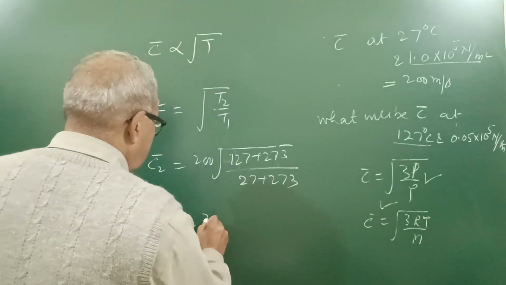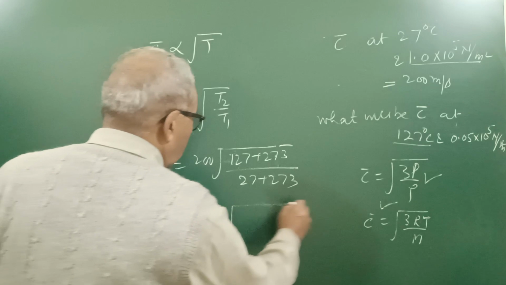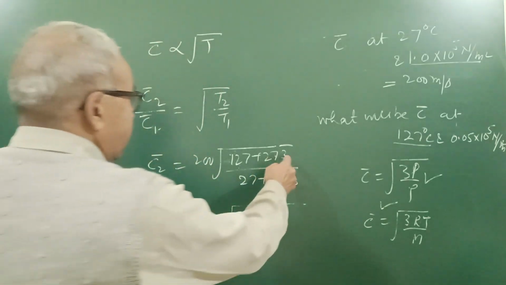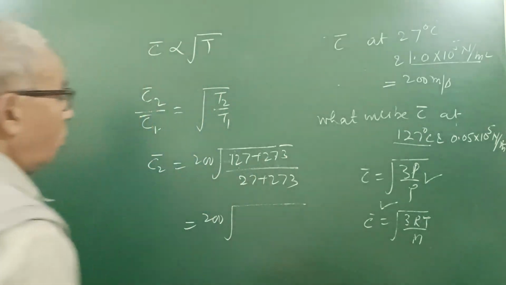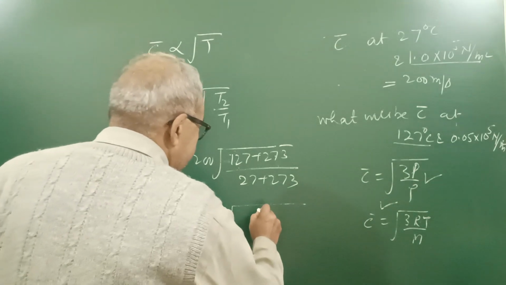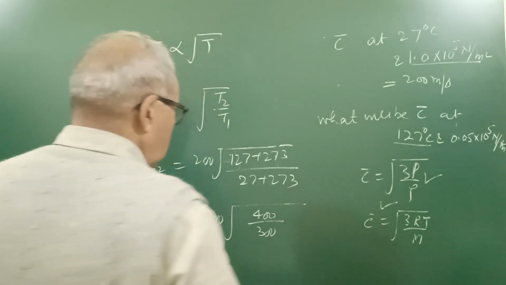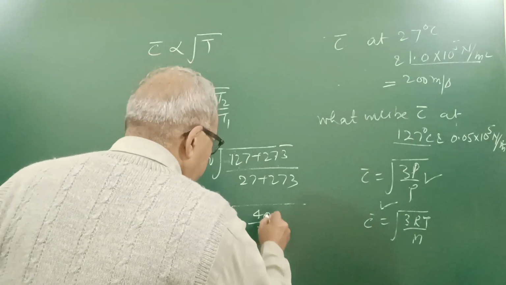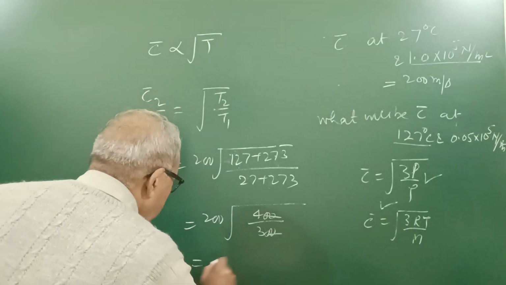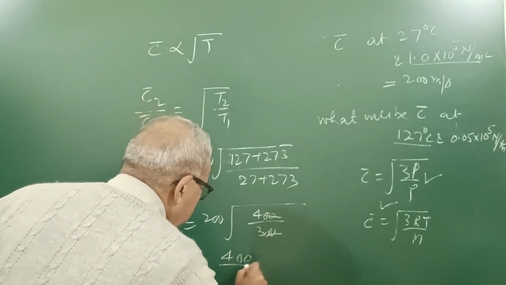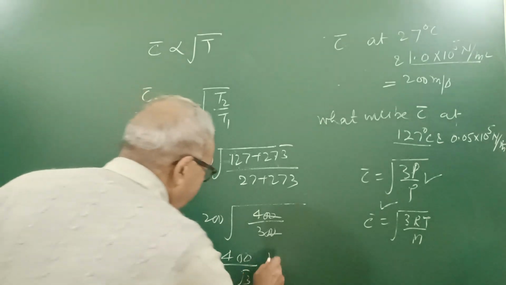So it is 200 under root, how much is this? 400 upon 300. Cancel. So it is 400 upon root 3 meter per second.